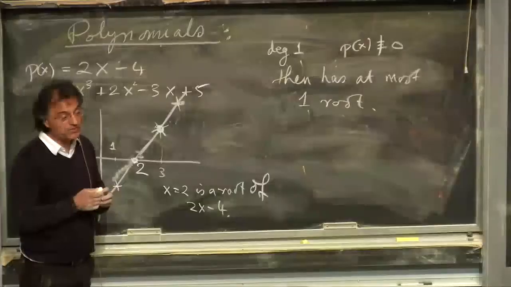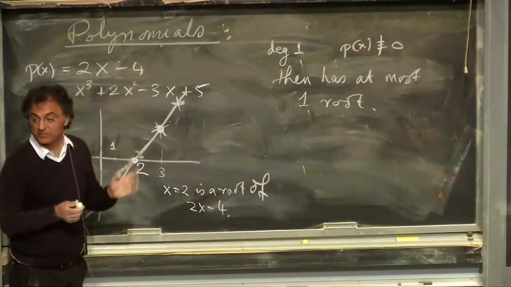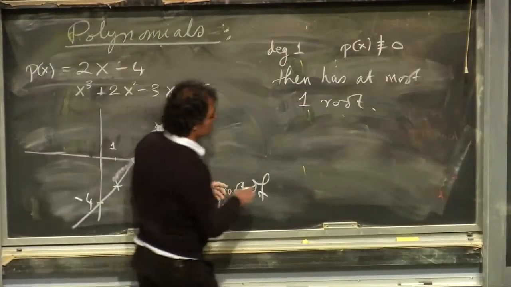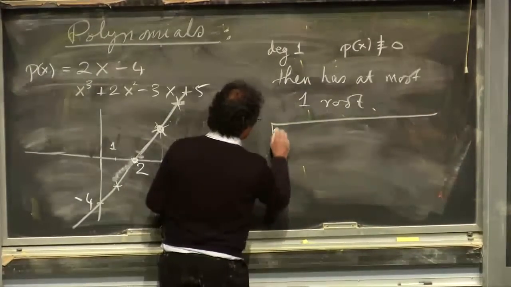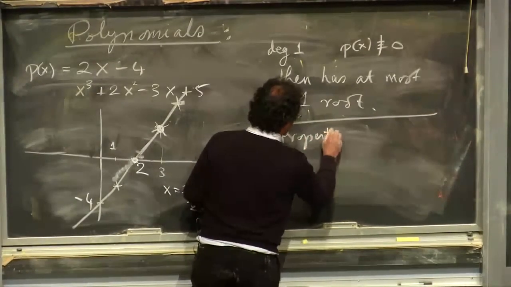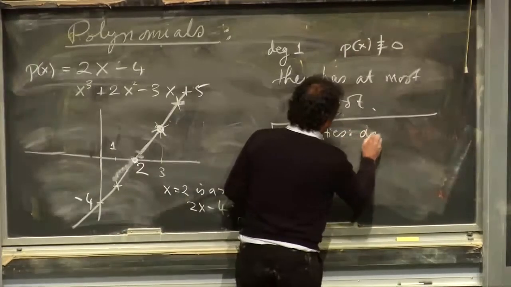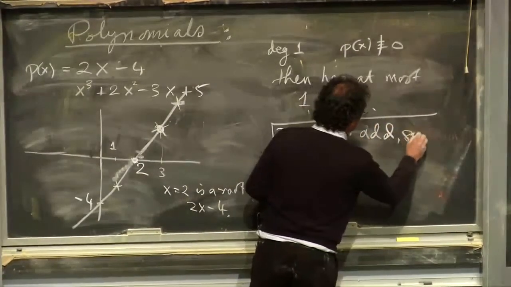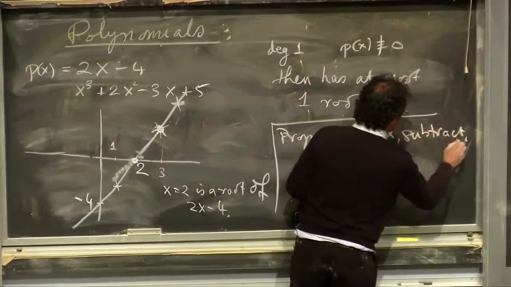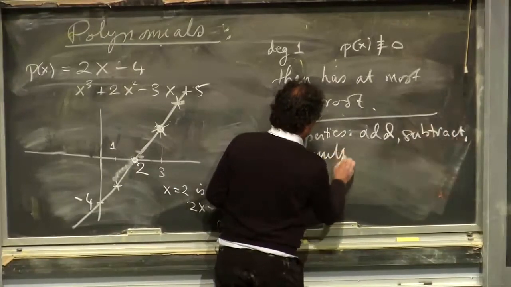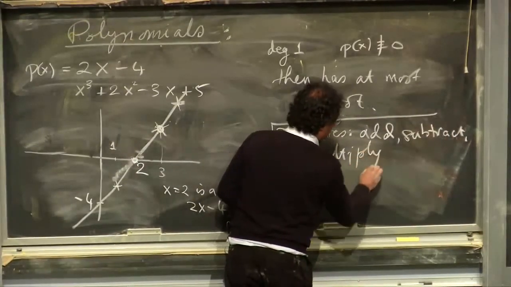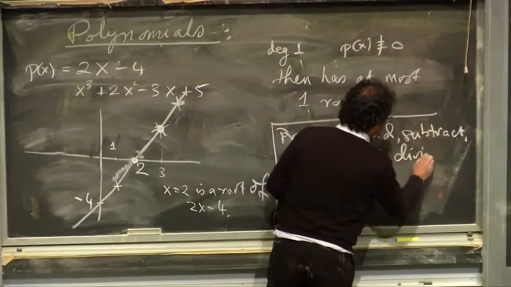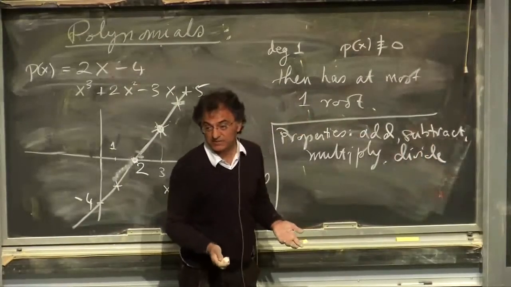These are the only properties we are using about the numbers we are working with. So the properties we use is we can add two numbers, we can subtract, we can always multiply, and we can divide as long as we are not dividing by 0.